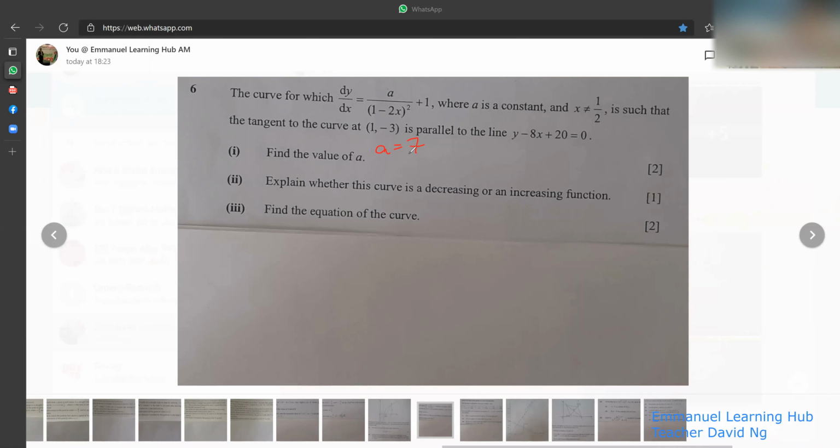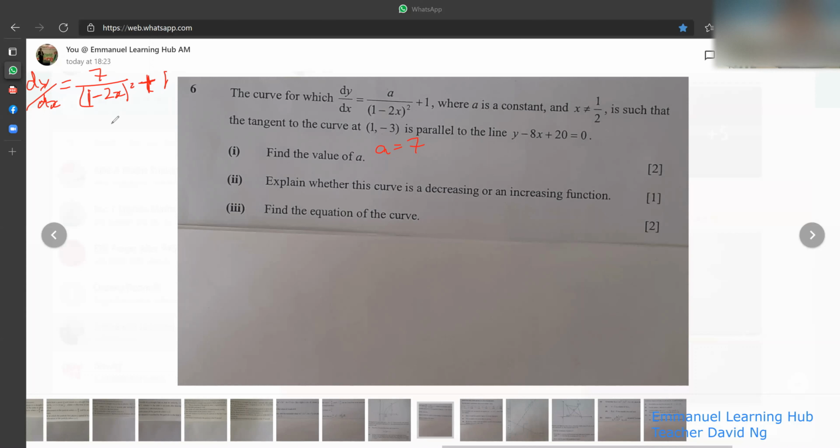So you managed to find the value of A. So your A is 7. In other words, your dy/dx is equal to 7 over (1 minus 2x) squared plus 1. Okay, this is your dy/dx.